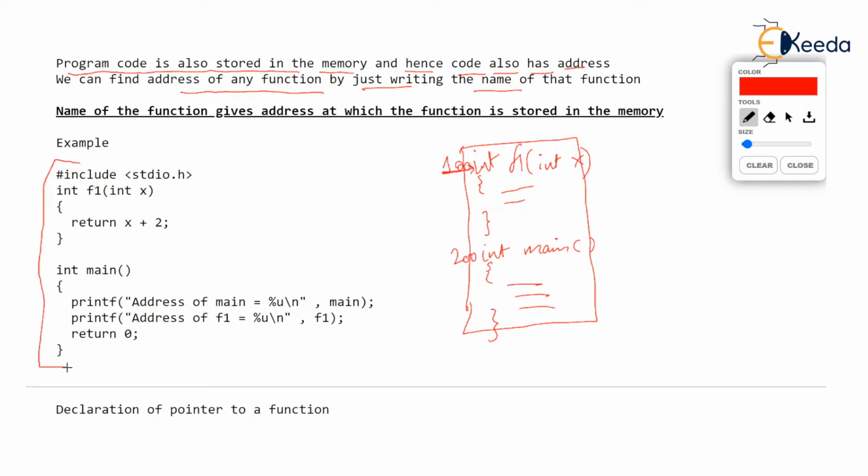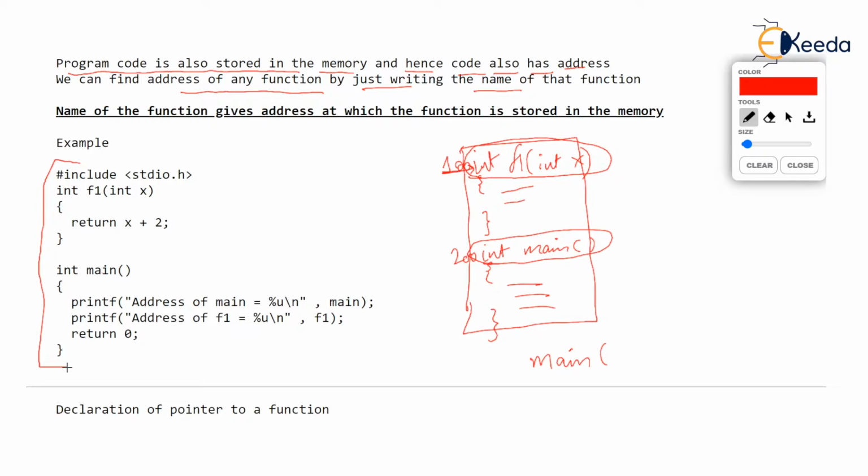Remember, your code is under execution, that's why it is in RAM. You can find out where your code is located by just finding the address of main or the address of f1, because every function starts at some base address. Now if you want to know where main is stored in the memory, you just have to write main, that's all. But remember, don't put any parenthesis after the function.